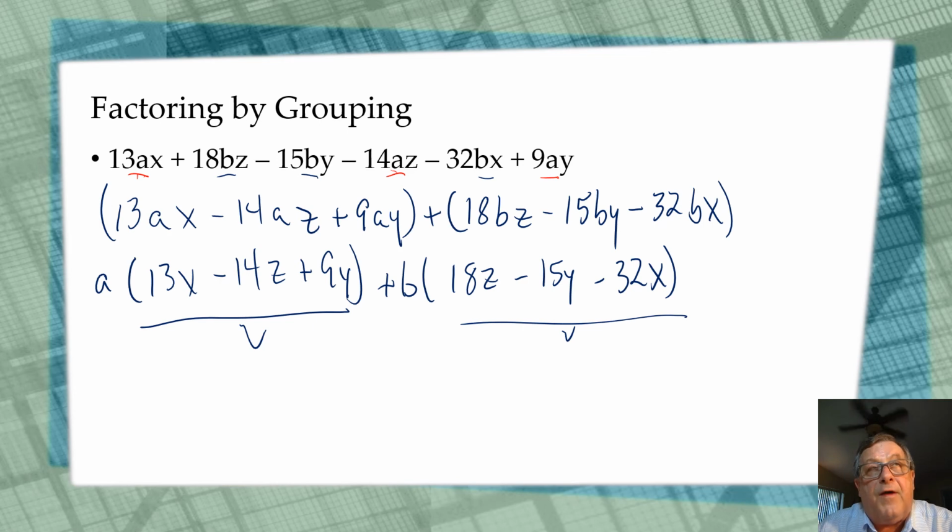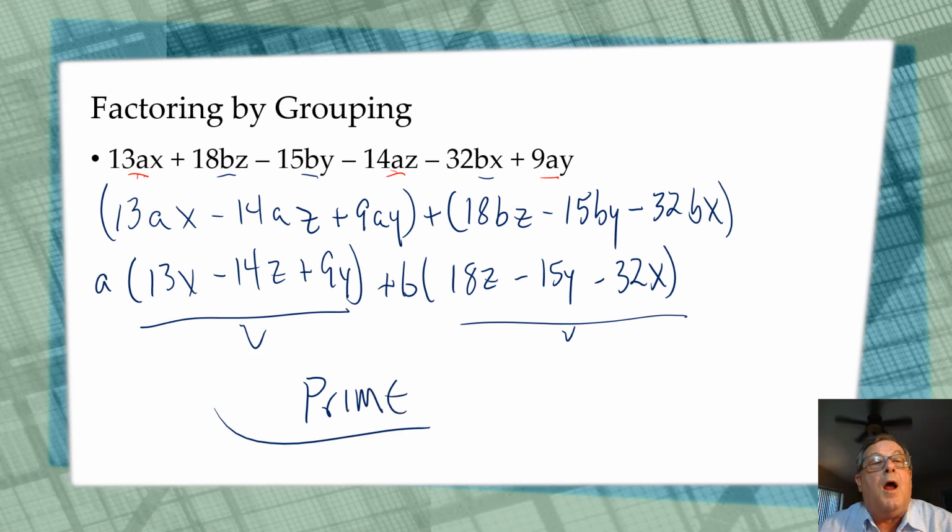After factoring out a greatest common factor from each grouping, I hope to end up with a common factor, but in this case I don't. And so this polynomial here I'm going to have to conclude is prime. A little bit weird, don't you think?